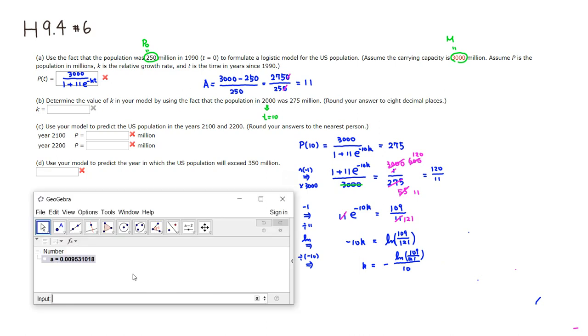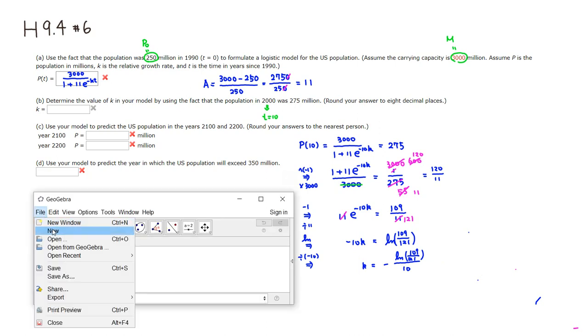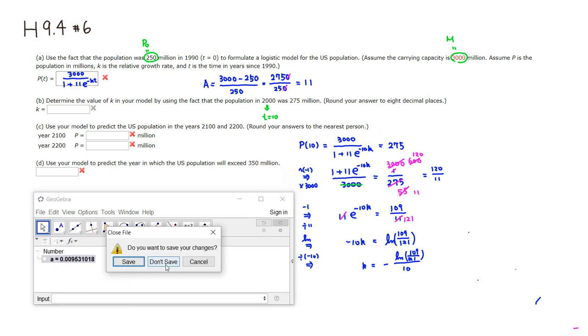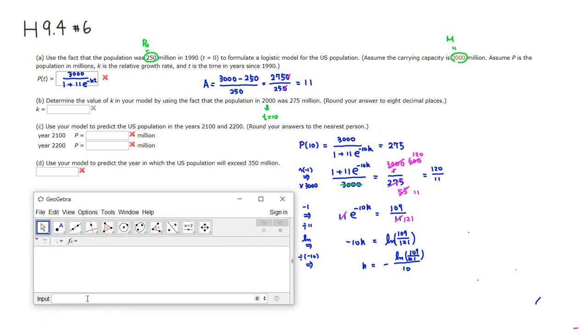Actually that's not the correct one. We need to compute negative natural log of 109 divided by 121, then divide by 10. Let's hit enter.